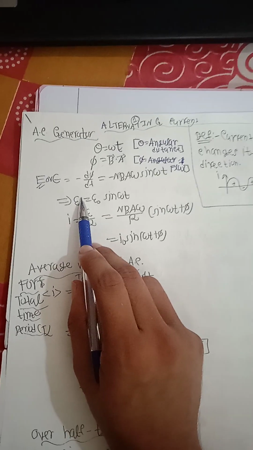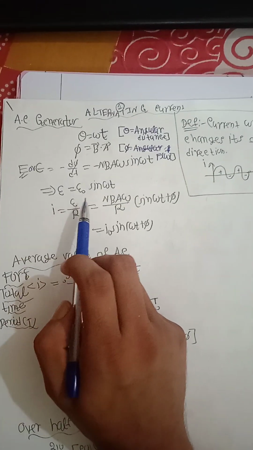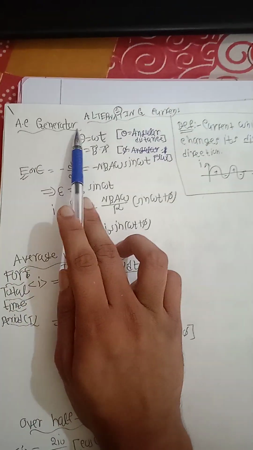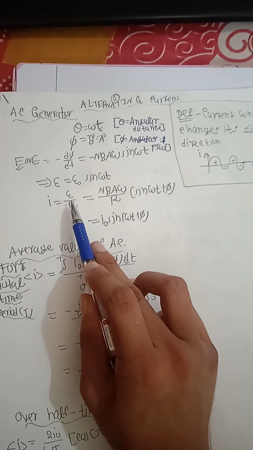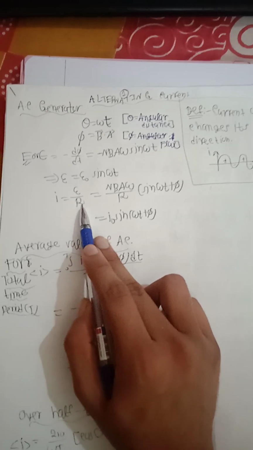Now let's get into another formula, which is the current. How to calculate the current passing through the coils in the AC generator? To do that, we divide this epsilon by its resistance.